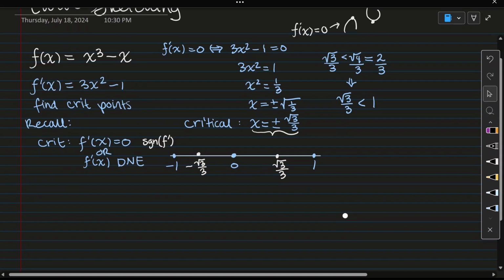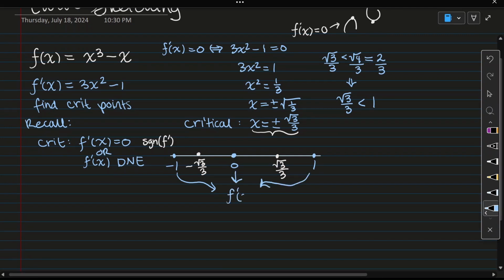Now we want to plug these values into our function for f prime of x, not f of x, because we care about the sign of f prime of x. So I want to know the sign of f prime of -1.